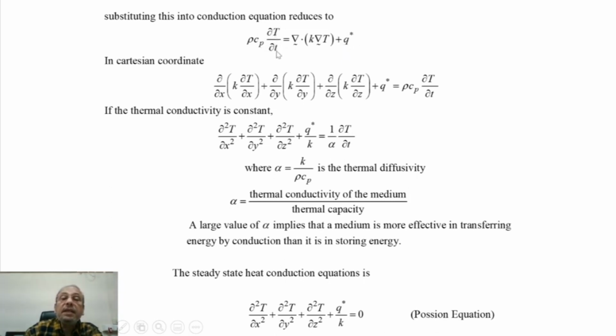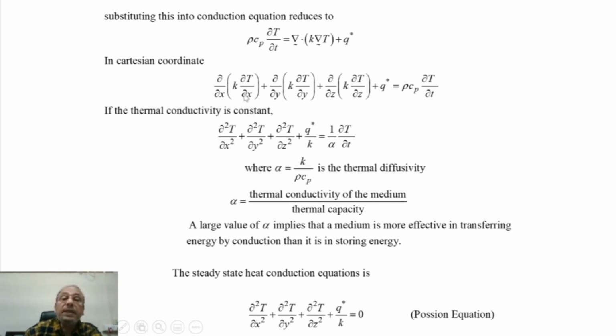Rho Cp del T del time equals grad, or nabla operator, dot product of K grad T. Now if we simplify or work this out, we will get del x of K del T del x plus del y of K del T del y plus del z of K del T del z plus Q star, the volumetric heat generation rate, equal to rho Cp del T del time, del temperature del time.